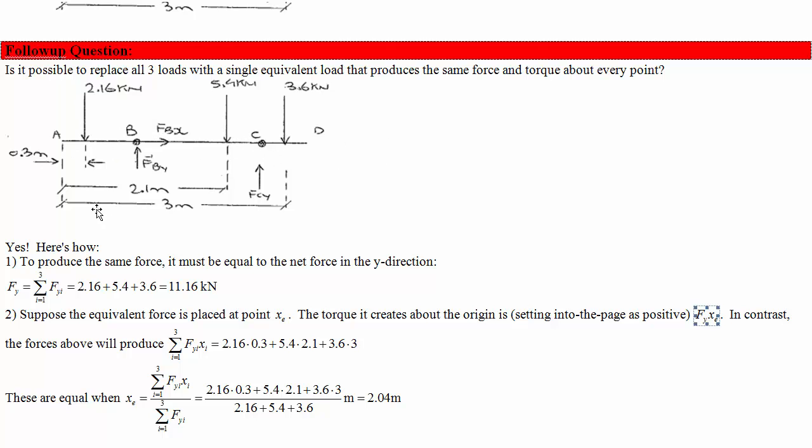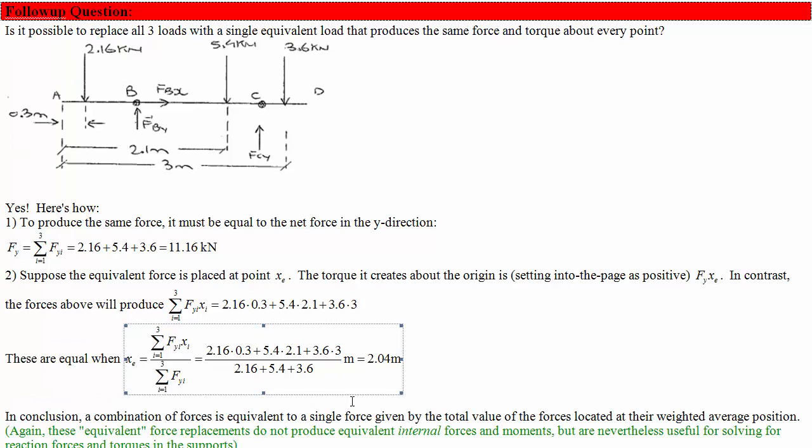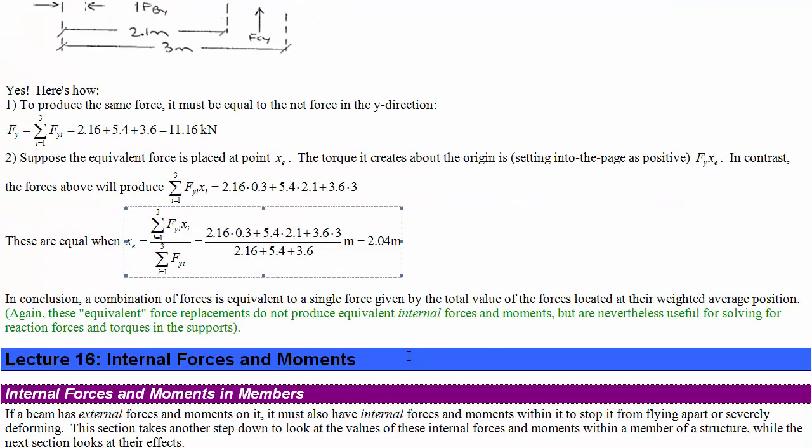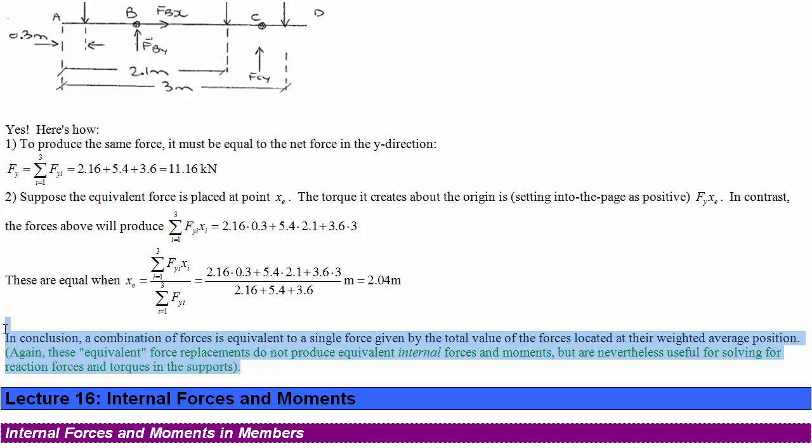So this variable distance spot, xe, times Fy, let's imagine it's somewhere in the middle there, must have the same torque as this one times its distance plus the next one times its total distance plus the next one times its total distance. So what it works out to is actually just a weighted average of the location of the forces. So in conclusion, a combination of forces is equivalent to a single force given by the total value of the forces located at their weighted average position.